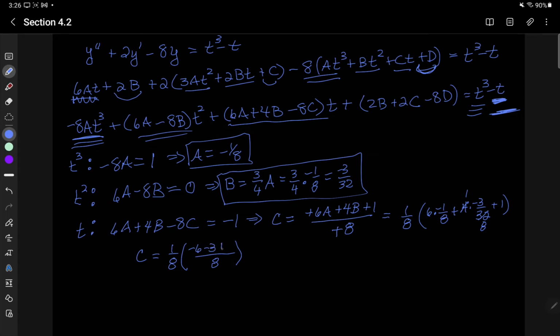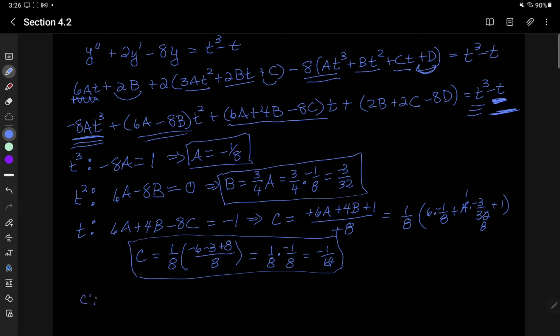And 1 is the same as 8/8. So I get 1/8 times -9 plus 8 is -1/8. That gives me -1/64. So c is -1/64.